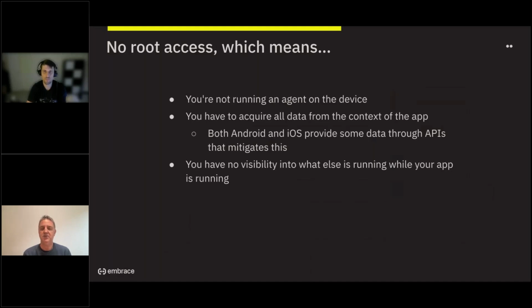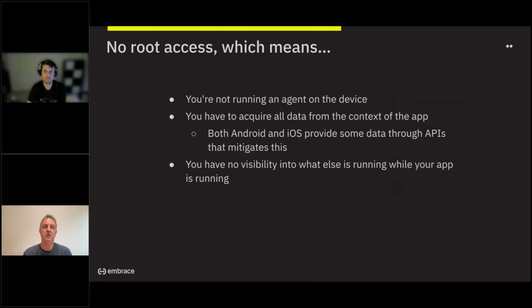Both Android and iOS provide some APIs that help you work around this to some extent, but it's fairly minimal. And the real takeaway, I think, is that you have no visibility into what is going on around you. You might be able to get some pretty decent stats for your app, but you don't know if some other app is doing a download in the background that's impacting network bandwidth, or if some other app is using some amount of CPU, or maybe there are multiple apps using CPU and it's hurting you a little bit.